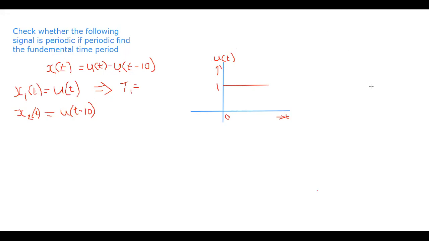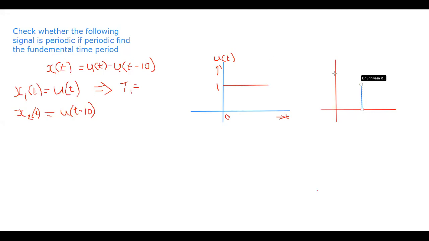Similarly, I am going to represent u of t minus 10. Now see here, the difference is that instead of starting the signal from 0 to infinity, the u of t minus 10 signal is delayed by 10 units.